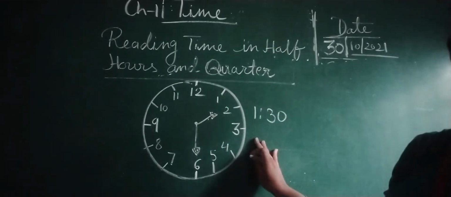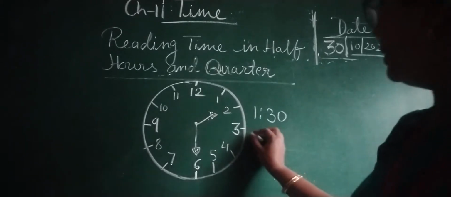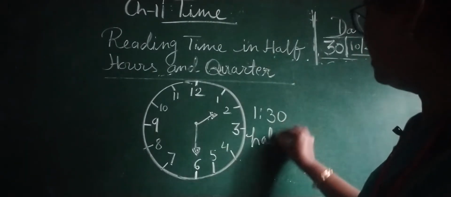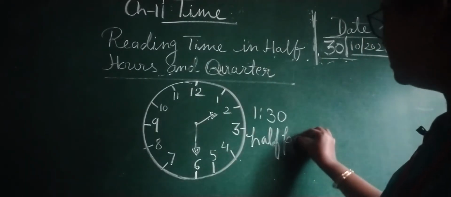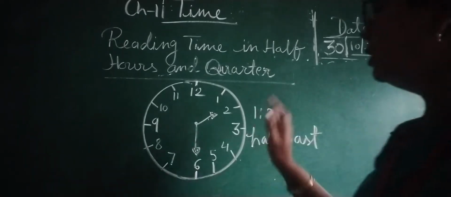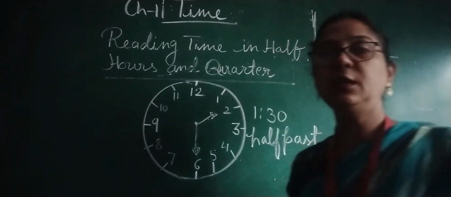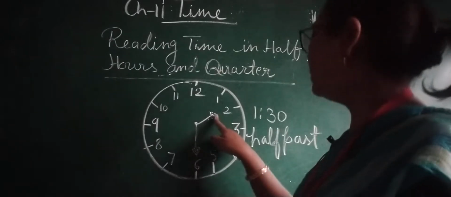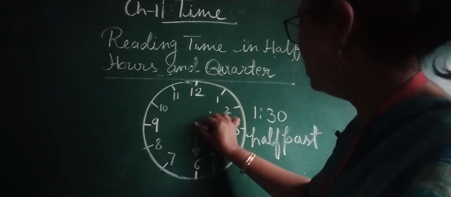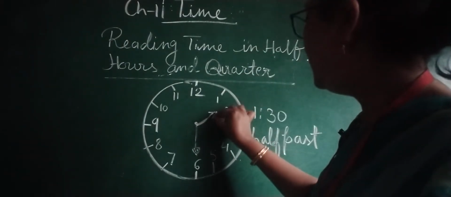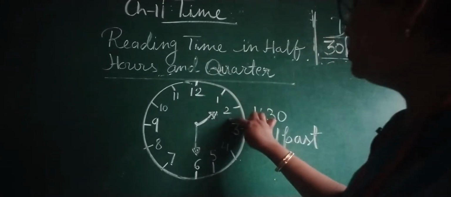How can we say this is 1:30? Because here you can see this hour hand is in between 1 and 2.